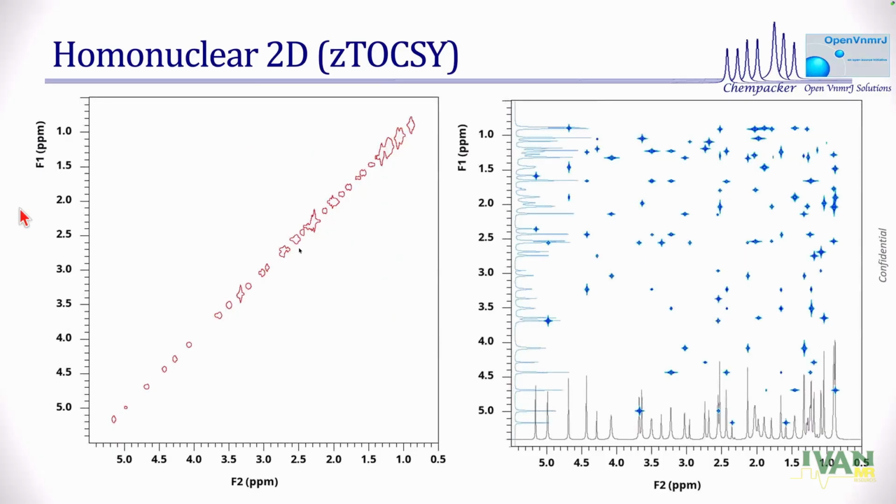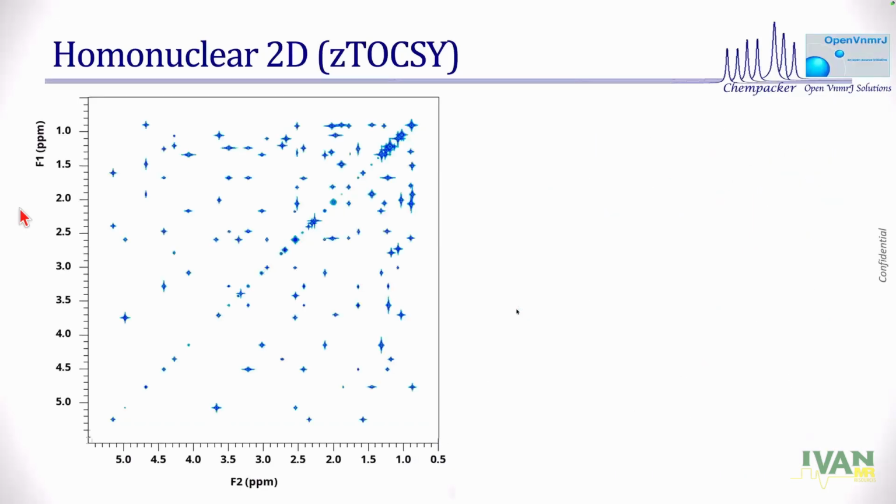I can simply go back to the table and make a rule: take anything that has F1 equals F2, put it away. Anything where F1 does not equal F2, put it away. One is diagonal, another is half diagonal. I generate a diagonal 2D and a half-diagonal 2D. I can project it without the diagonal in place, or even better, I can say I like the diagonal but I don't want it big.